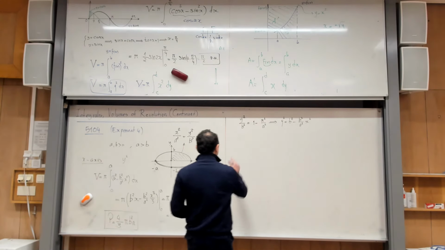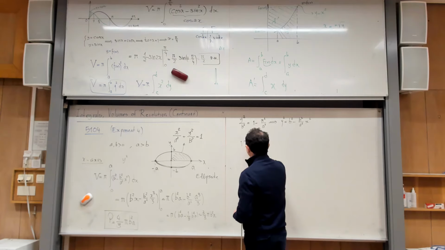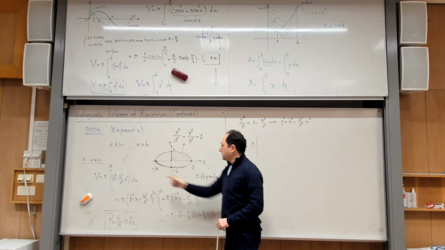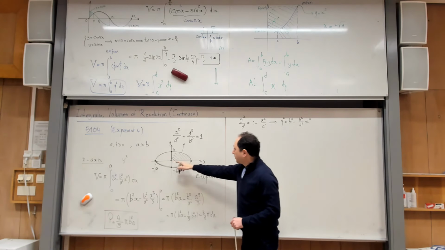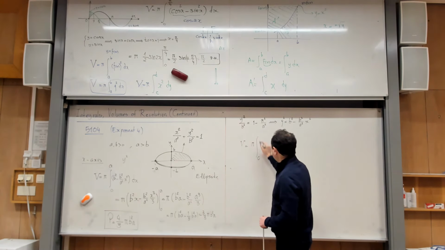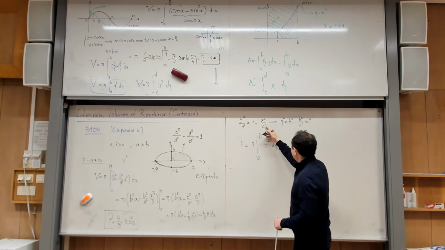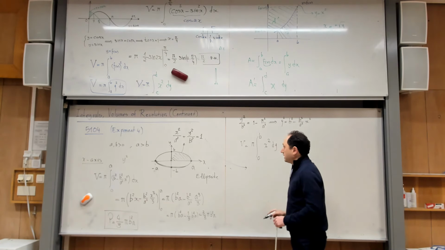In that case, the volume, because now I am rotating about the y-axis, y goes from 0 to b, then it becomes x squared dy. But from this equation, this time I need to calculate x squared.